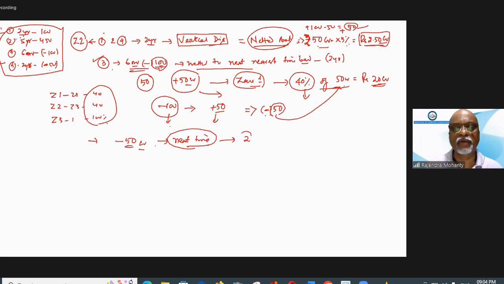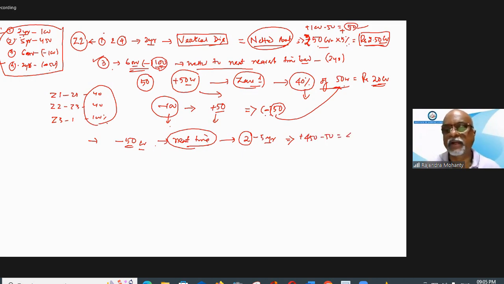That is number 2, which is 5 years. After that, what will be the netted position? 400. So 450 plus minus 50 becomes 400 plus.